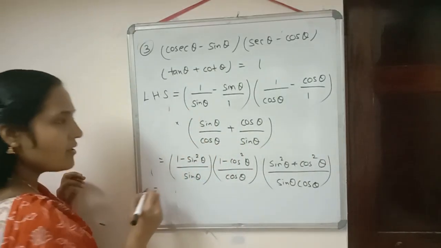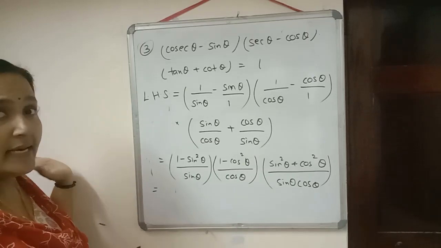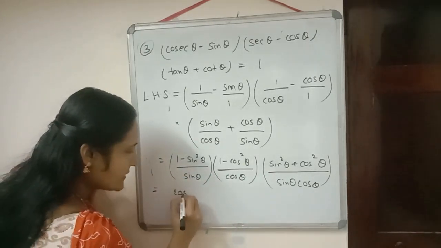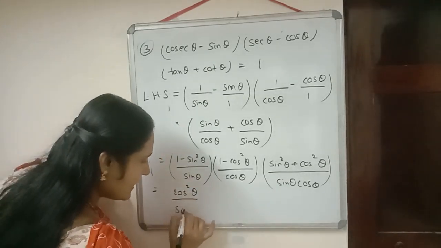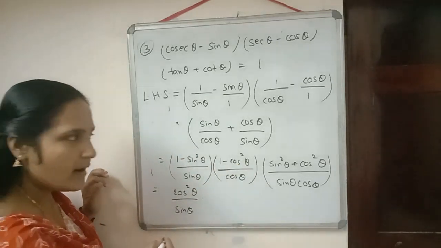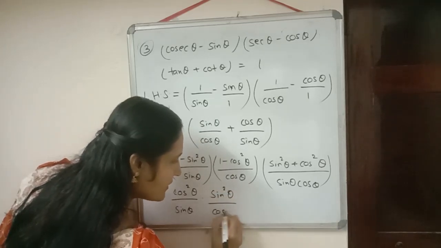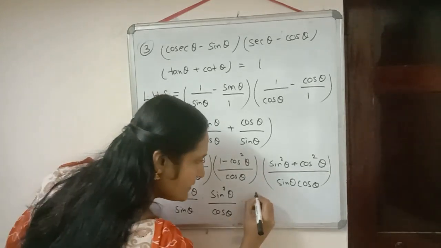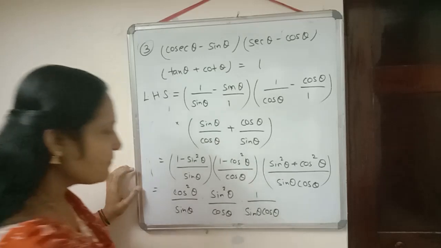Now we can check whether all terms will get cancelled or not, because in the right hand side we need 1. Okay. What is 1 minus sin square theta? Yes, correct. That is equal to cos square theta by sin theta, we will write as it is. What is 1 minus cos square theta? Sin square theta by cos theta into sin square theta plus cos square theta can be written as 1. So we are getting here 1 by sin theta into cos theta.